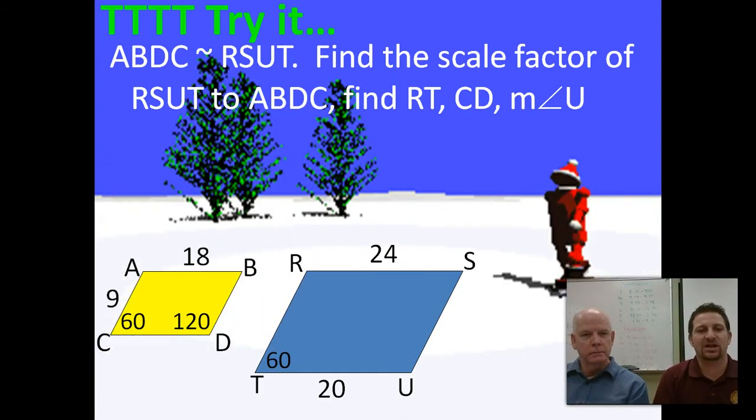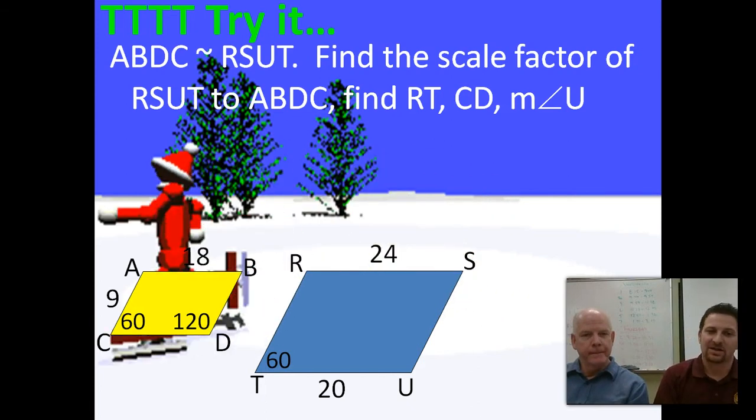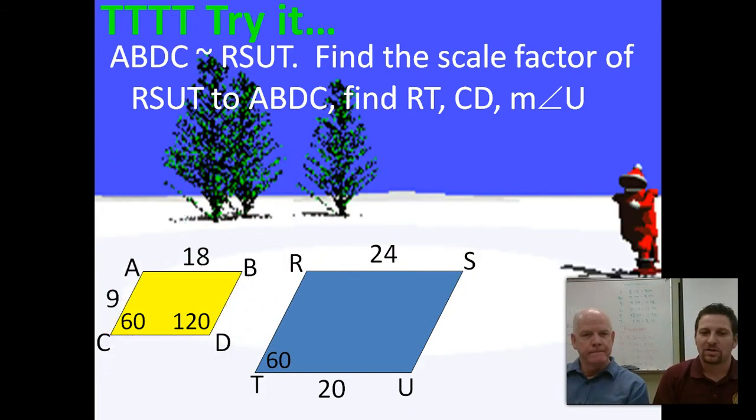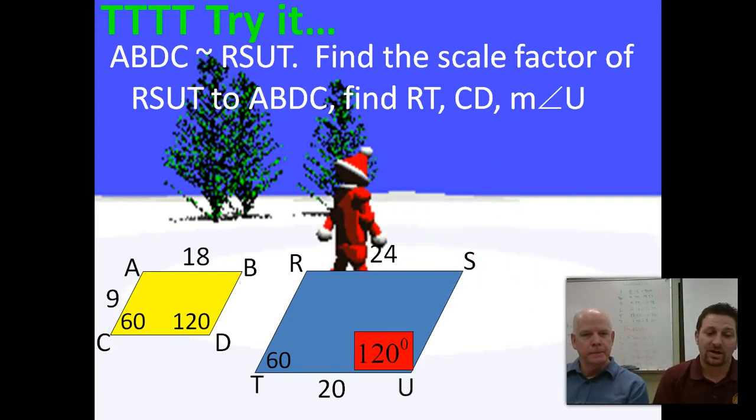So if angle C is 60 and angle T is 60, then if angle D is 120, that angle U must also be 120.